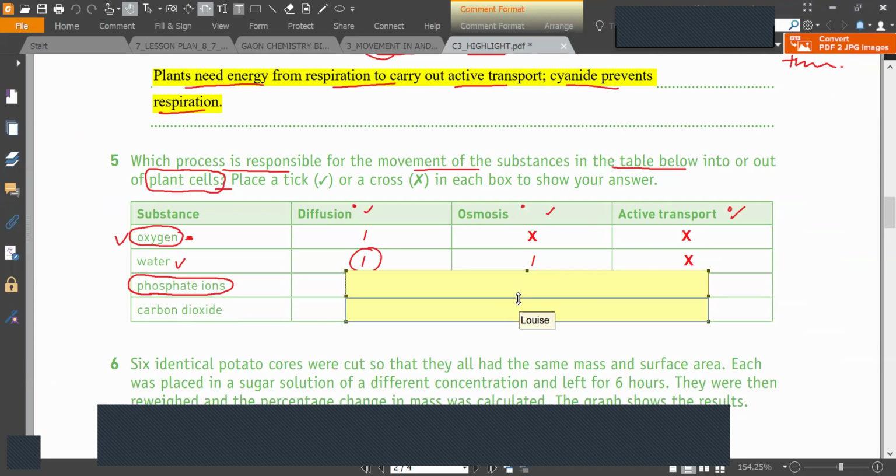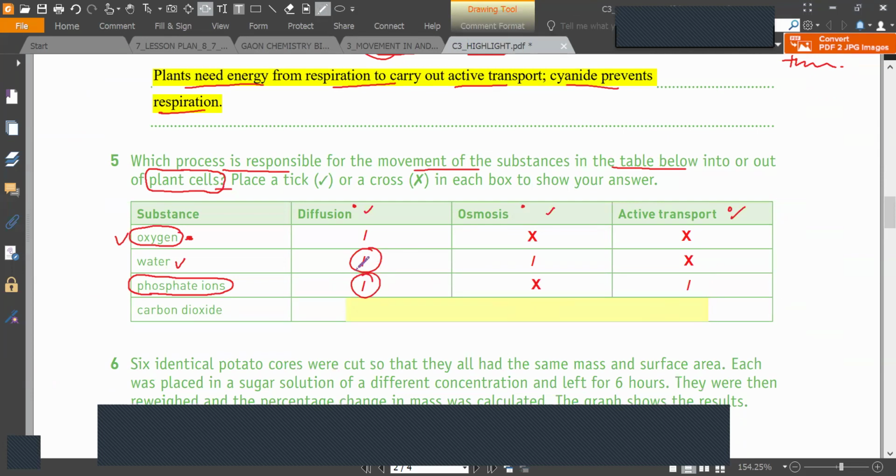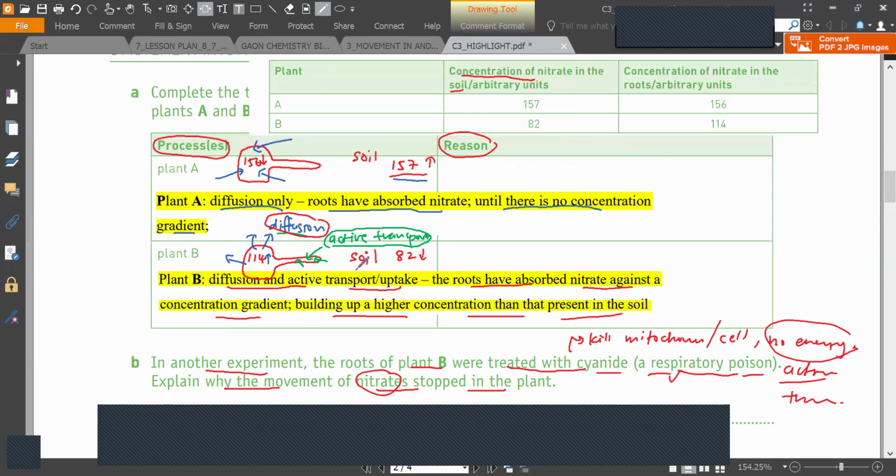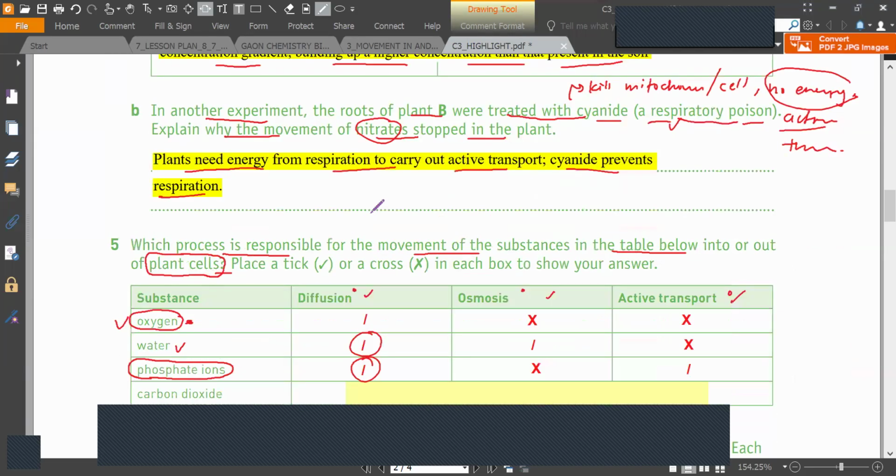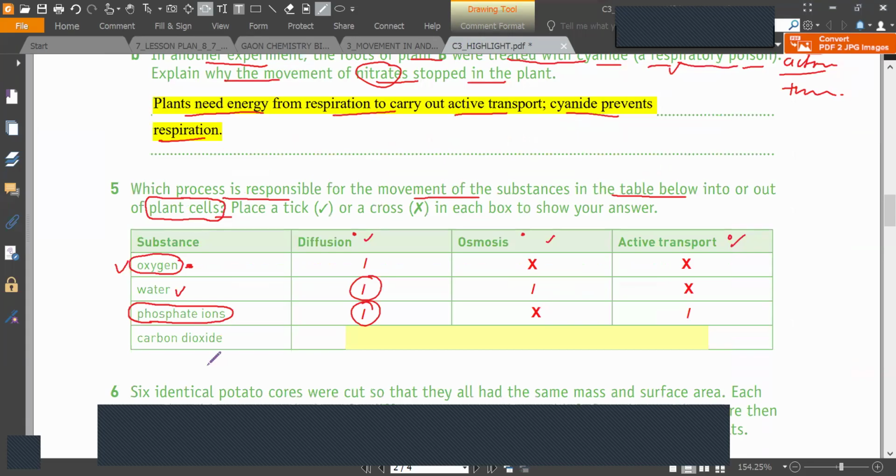So active transport, and also sometimes diffusion. As we saw just now, if the inside concentration is lower, then diffusion can happen. If outside is higher, then it will be active transport. Okay, carbon dioxide. What do you think about carbon dioxide?